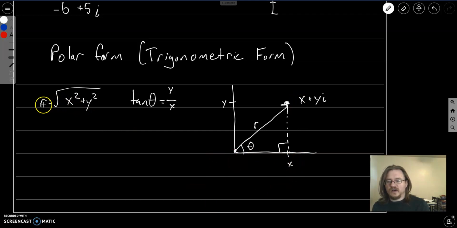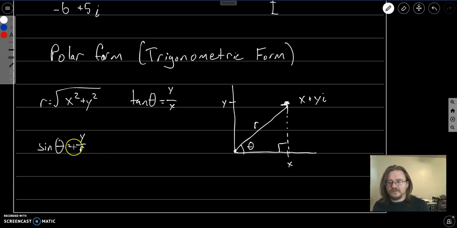Okay, so I can find r and theta given x and y. Can I go in reverse? If you give me a vector and you tell me how long it is and what angle it's pointing at, could I figure out x and y? Well, absolutely. Because I know that the sine of theta is going to be the opposite over the hypotenuse.